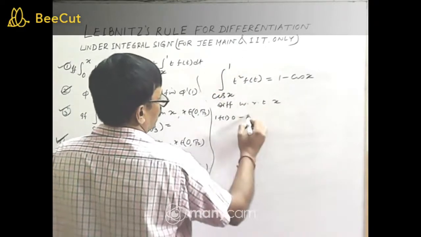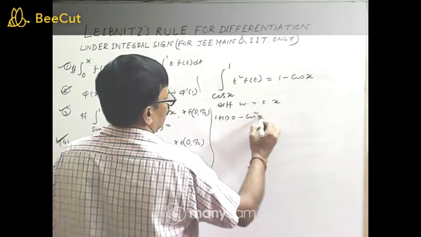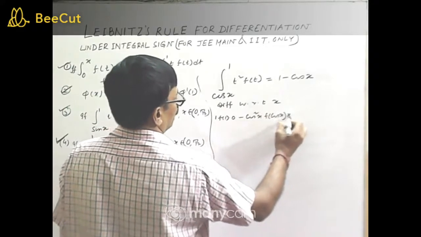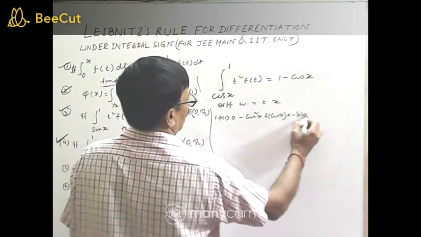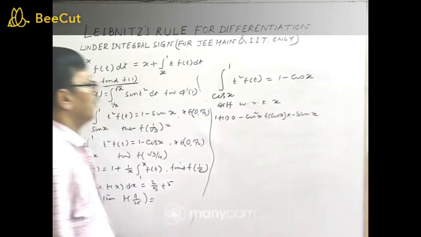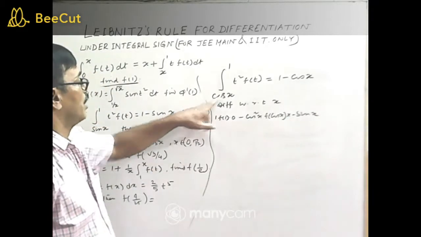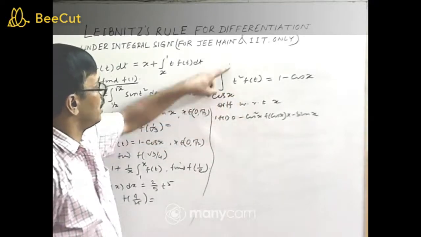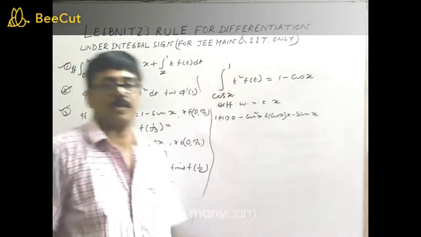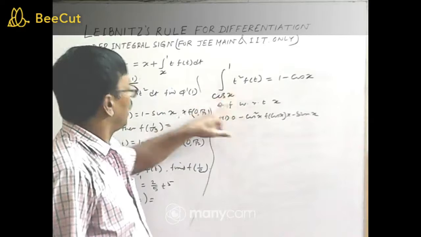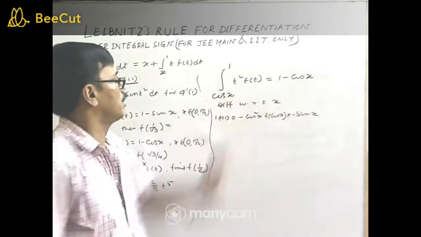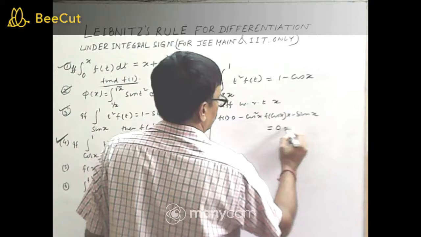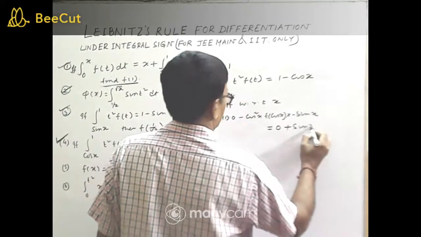Then cos squared x times f of cos x, t is replaced by cos x, times the derivative of cos x, which is minus sin x. The derivative of 1 minus cos x is plus sin x.